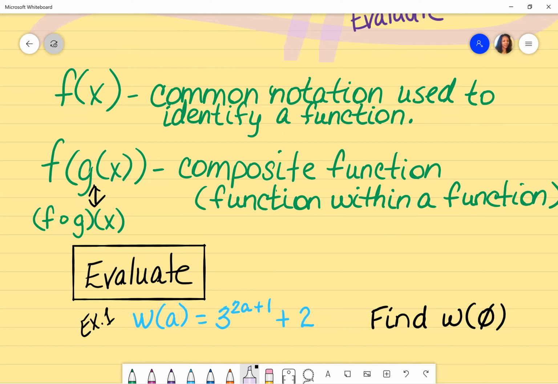And another way that you might see this notated is f of g inside of its own set of parentheses, and then of x is in its own set of parentheses. This is an open circle. It's not a zero, it's not an O, and it represents the word of, just as the parentheses represent the word of. So again, f of g of x. That's how you say it.